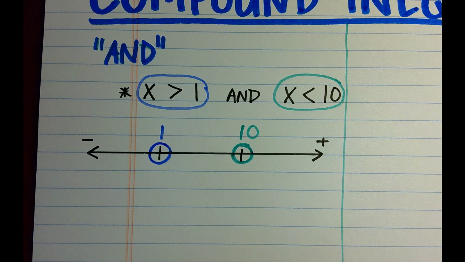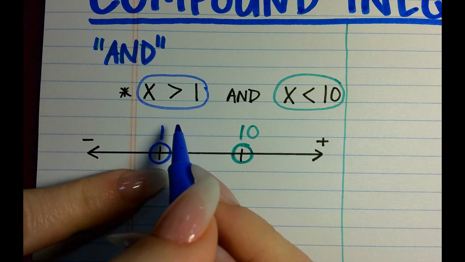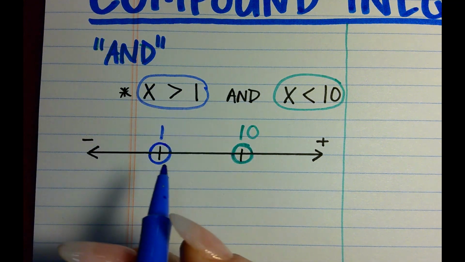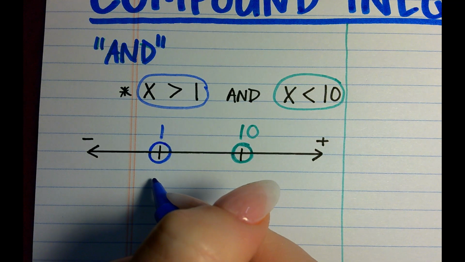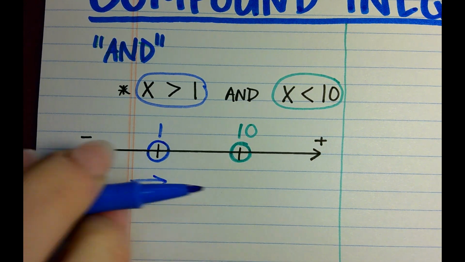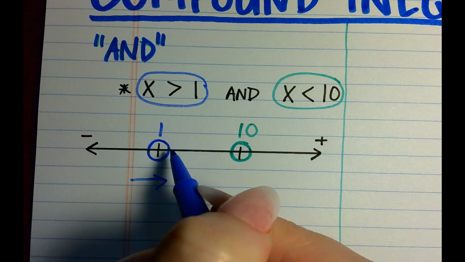So here's where it gets tricky, deciding how to shade. I see that for x is greater than 1, my greater than symbol tells me to shade this way, to the right.